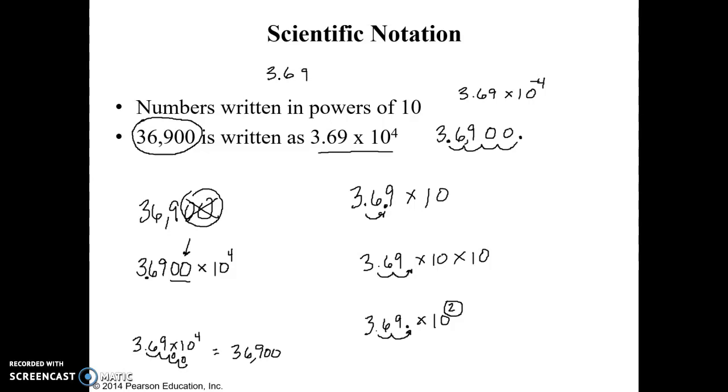But since it was times 10 to the negative fourth, we would move that decimal place 1, 2, 3, 4 times, and then we'd have to have 3 zeros as placeholders. So that becomes 0.000369.